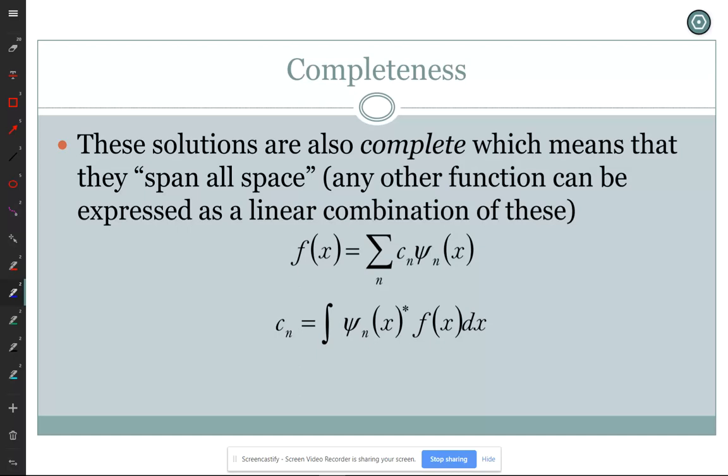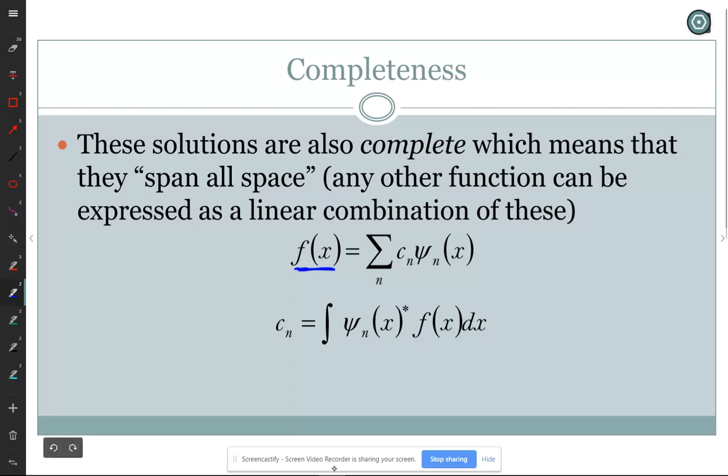So what we have here is called Dirichlet's relation or Dirichlet's theorem or something like that. It's saying that any function, so f of x is any function, can be written as a linear combination. Linear meaning we don't have any squares in here. It's all just psi n, not psi n squared or anything like that, times a constant.